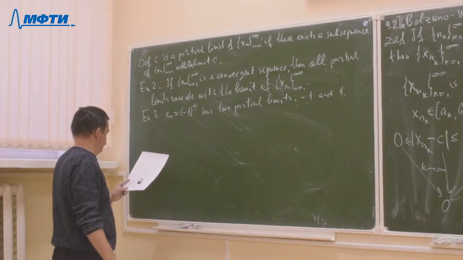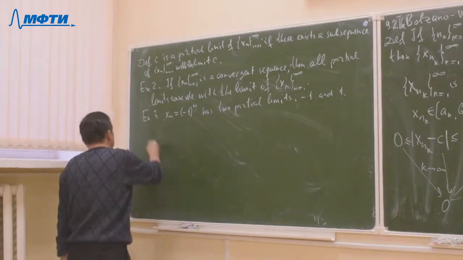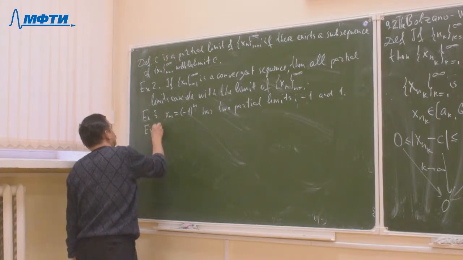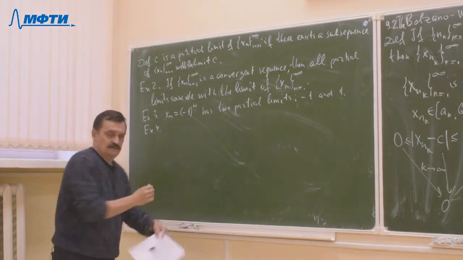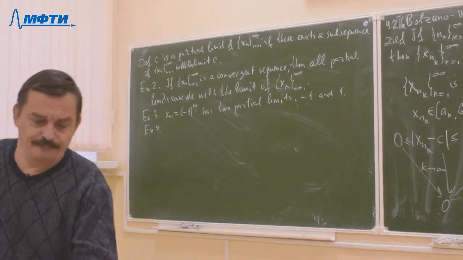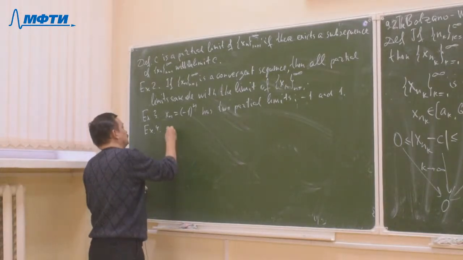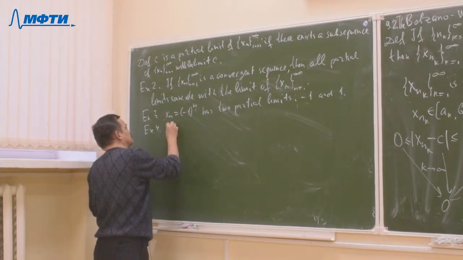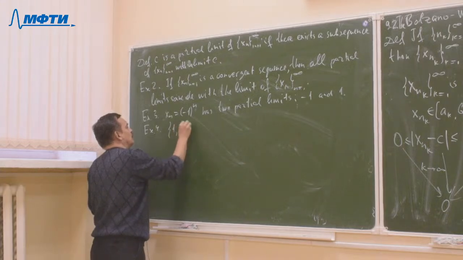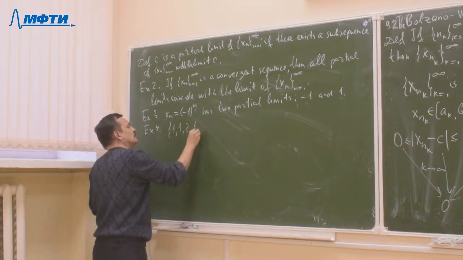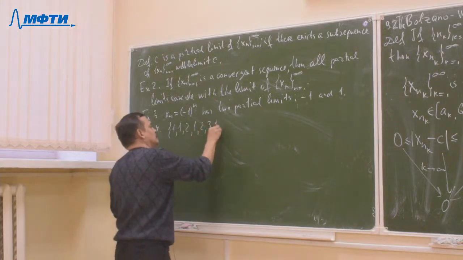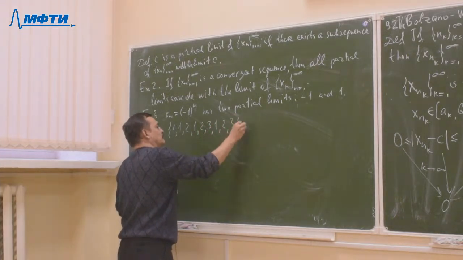And another example, example 4, maybe not the last, I'll give one more. If we take such a sequence: 1, 1, 2, 1, 2, 3, 1, 2, 3, 4, and so on.